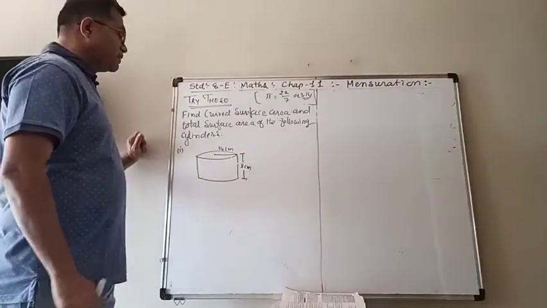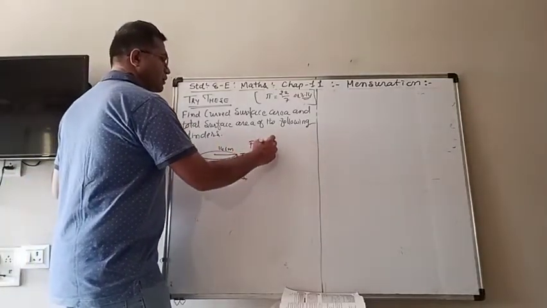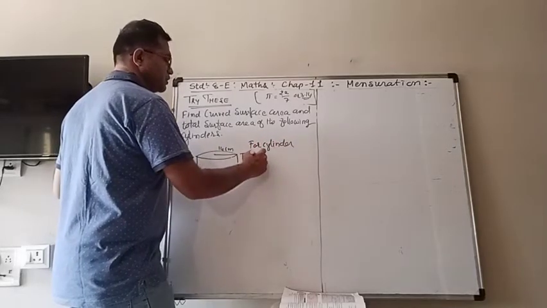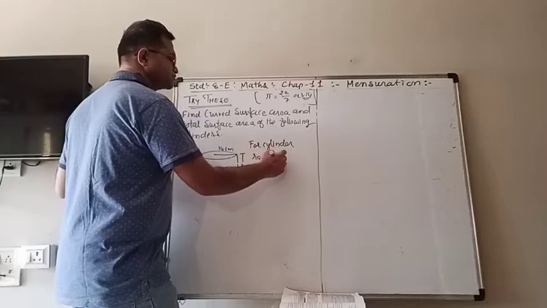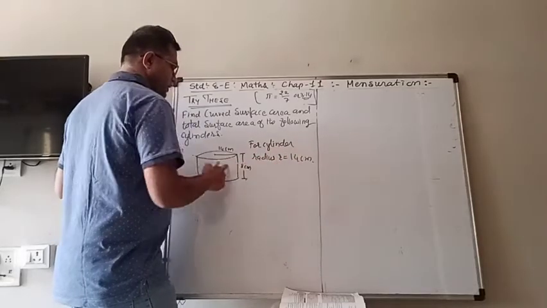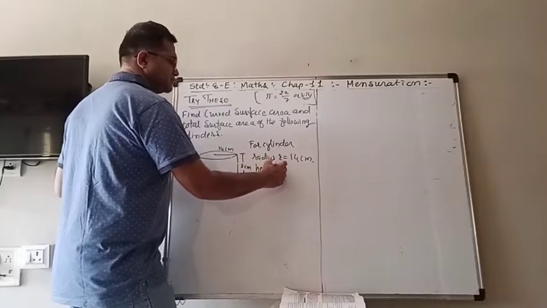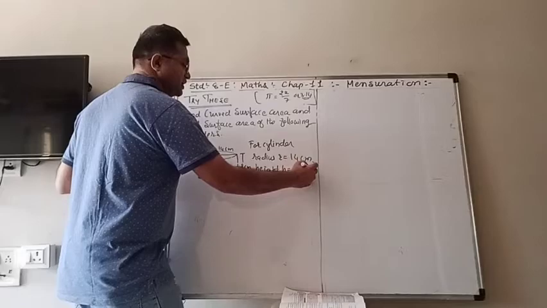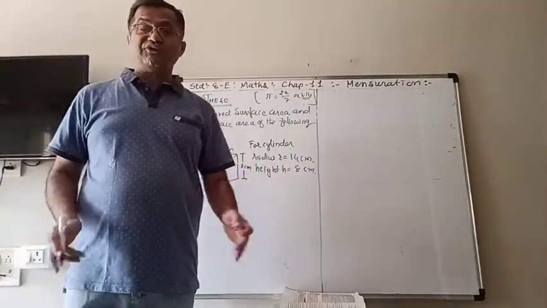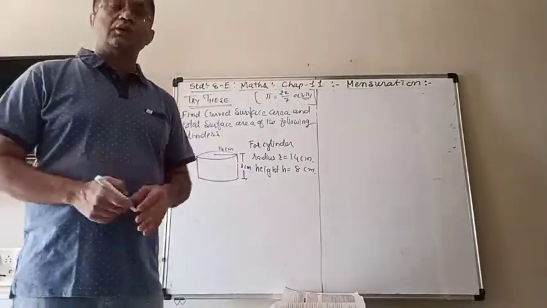So now here for cylinder, what is given? This is the radius. So radius r is how much? 14 centimeter. Height is also given. Height h is given as 8 centimeter. Here they didn't specify the value of pi, so we will take 22 upon 7.